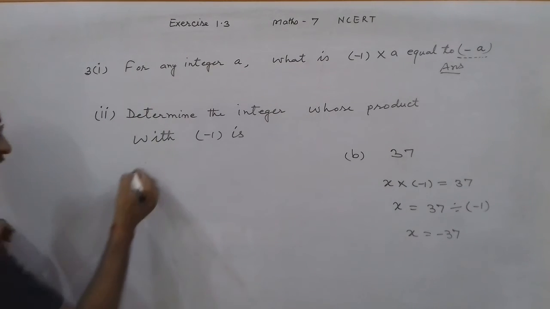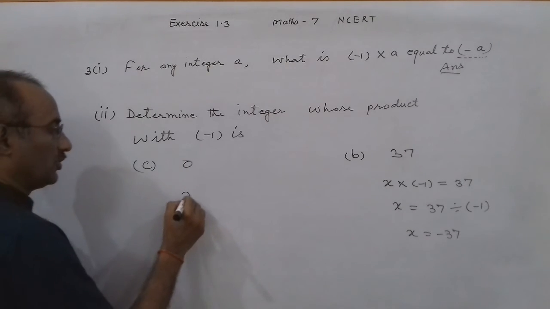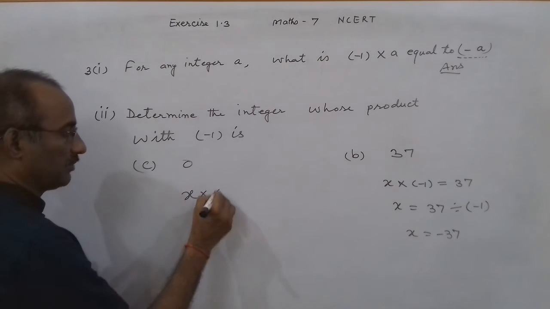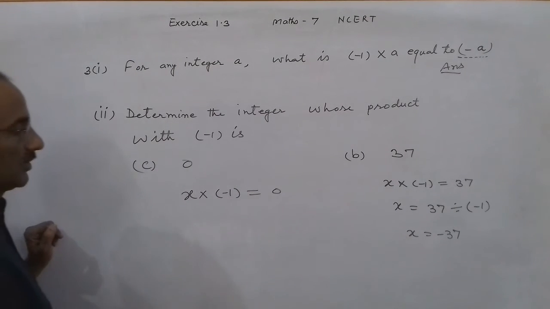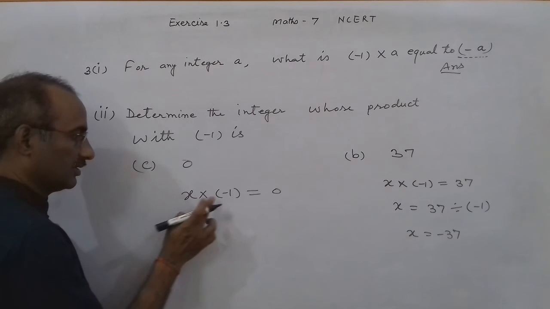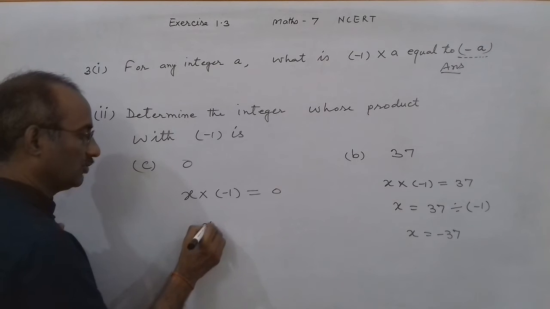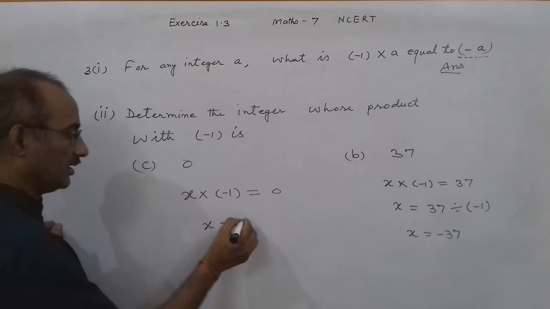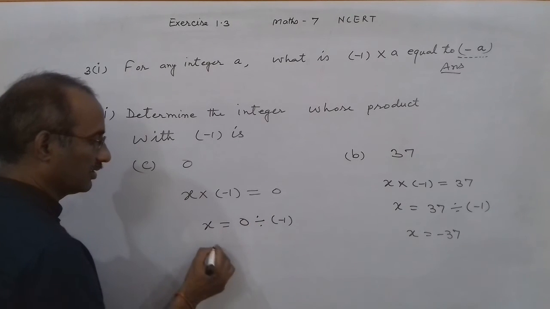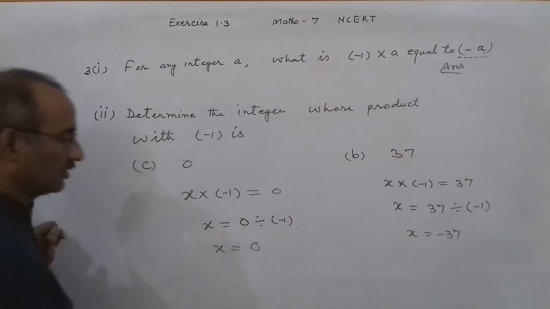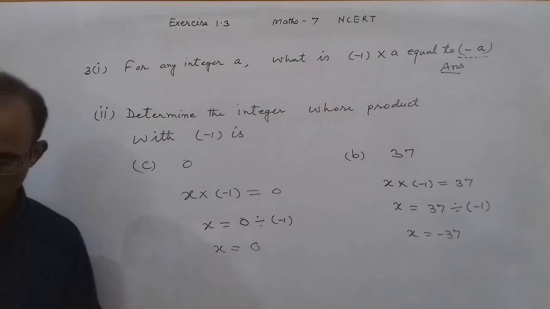Our next question is 0. Suppose x is multiplied with -1, then we get 0. It means -1 is multiplied with 0. So you can find it very easily. 0 is divided by -1, so we get 0. Our answer will be 0.